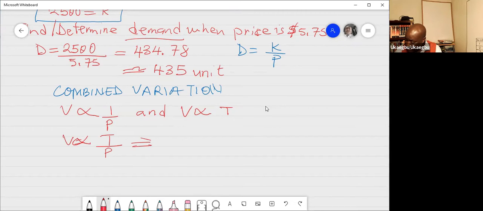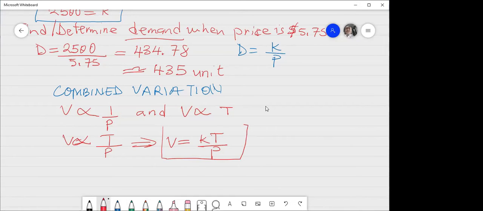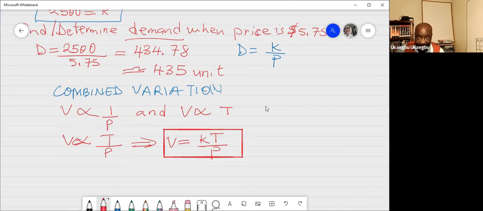And it follows that V is equal to KT over P. That's Gauss' law right there. You can verify this with your instructor, or you can just Google Gauss' law and see what it gives you.